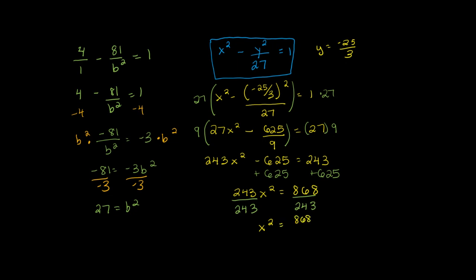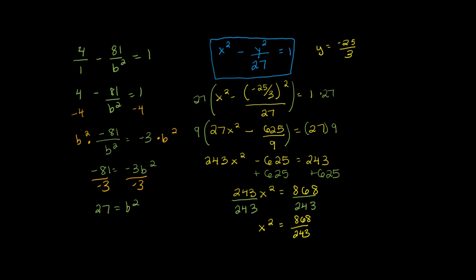So 868 over 243. So I'm going to just double check that I haven't done any math errors here because it is such a weird number. Other than my squaring of 25, which I corrected, I don't see anything here. So we've got the right numbers.